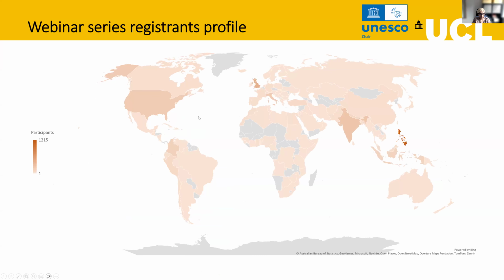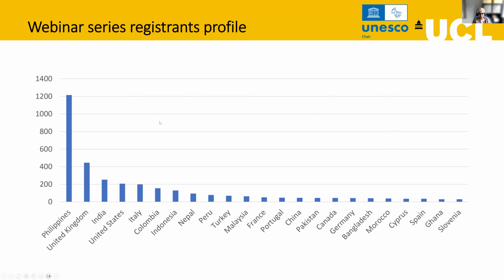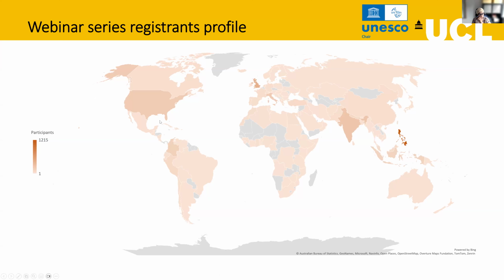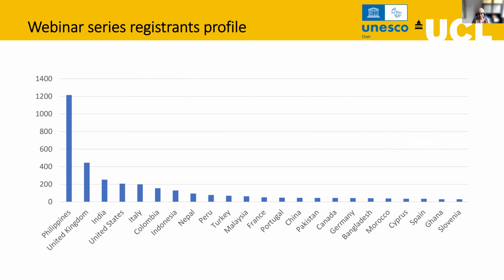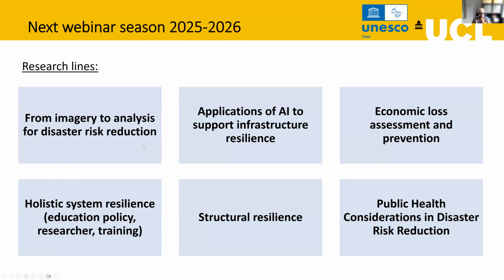We have connected to all of these countries that are shaded here, with a lot of participants from the Philippines all the way to Slovenia. For the next year, we are thinking to align our presentations and webinar series on these 6 research lines or themes.